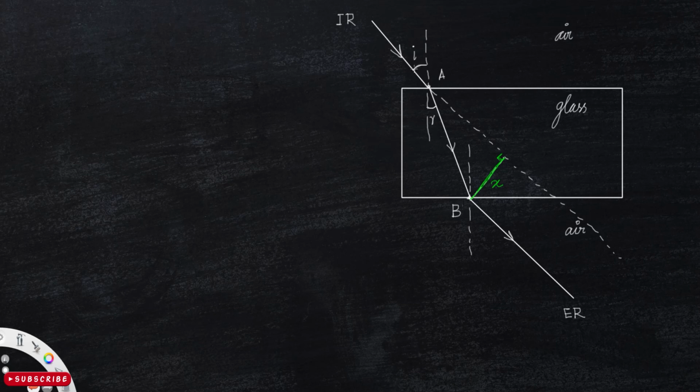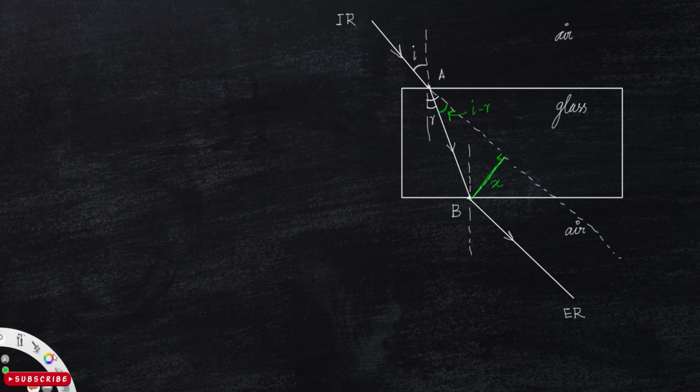But this whole angle I will be equal to this angle because they are vertically opposite angles. So this whole angle is also I, and this angle is R. So this angle will be I minus R.